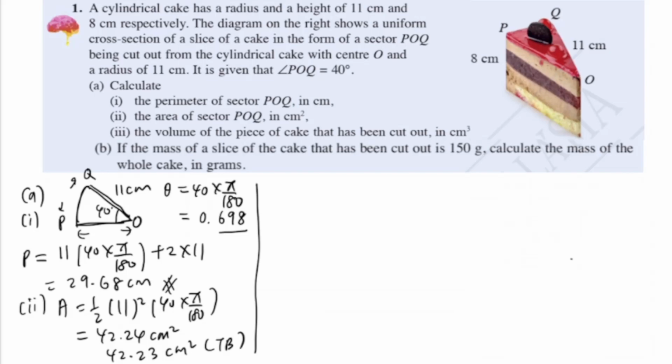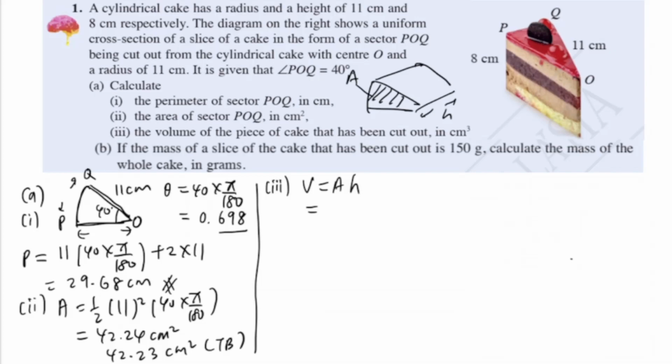Let's look at Roman 3. The volume of a piece of cake that has been cut up. We know the volume of a prism can be any shape as long as you have a uniform cross section. You multiply with the length. This is A, this is your H, your volume V equals A times H. In this case, your A is the cross section area, which you have got earlier.